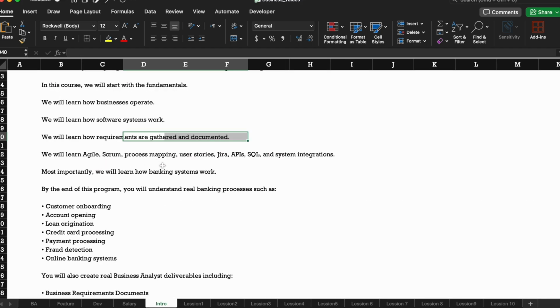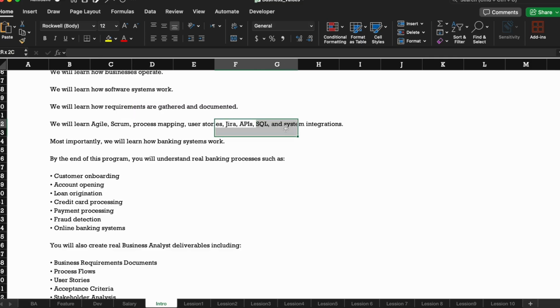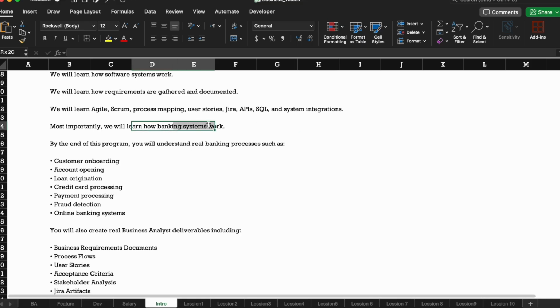How software is developed, like SDLC, the software development lifecycle, and how requirements are documented, like user stories and BRDs, and technical components like how data is transferred using APIs, how data is stored in databases, and how these are all integrated together. That's system integration. Most importantly, we will learn how banking systems work, because we are going to use banking as the domain.